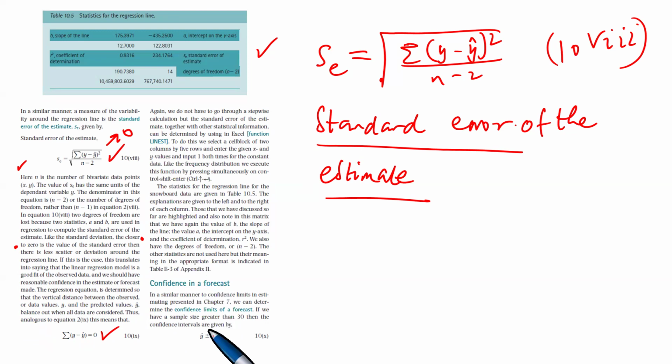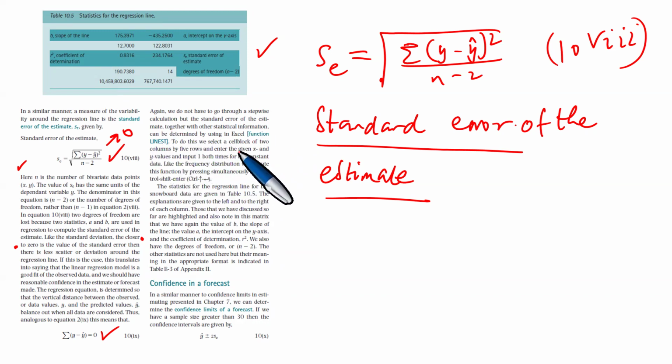I want us to have a discussion on the applications of Excel a little bit on this, very briefly. Again, we do not have to go through the stepwise calculation, but the standard error of the estimate, together with other statistical information, can be determined in Excel by using the function called LINEST.